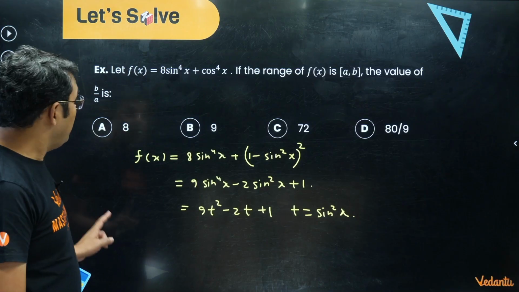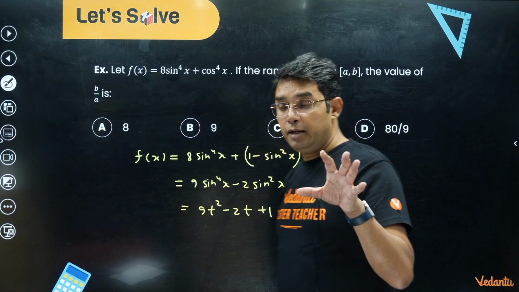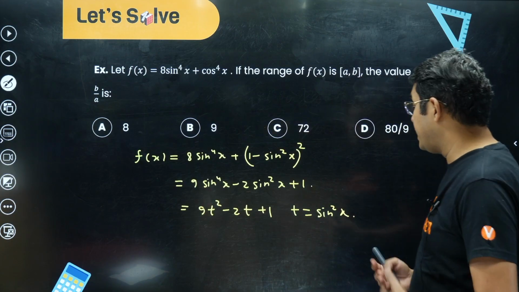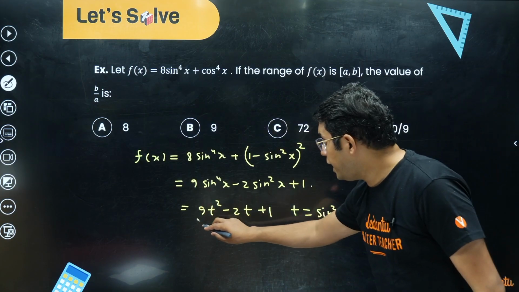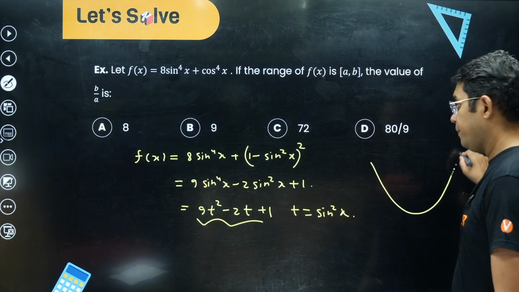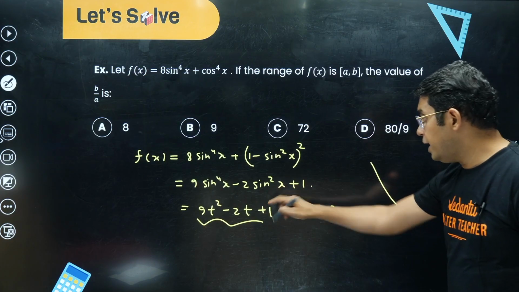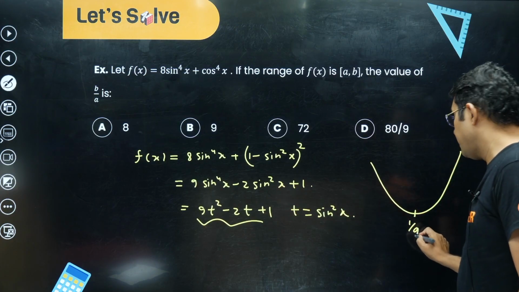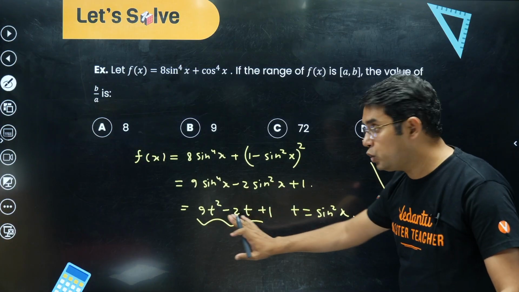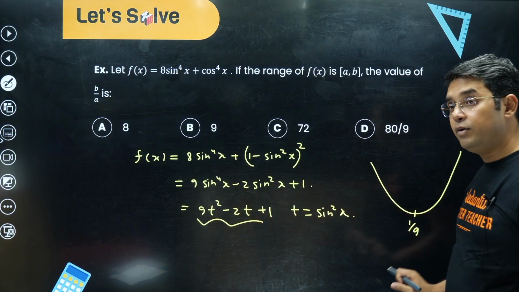Now as I was telling you, for the range of a quadratic expression, the maximum and minimum value: this is actually an upward parabola whose minimum value will occur at 1 upon 9, because of minus b upon 2a.